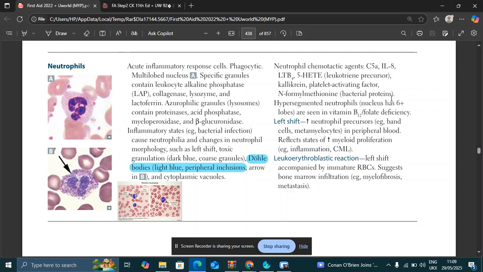Whenever any disease infiltrates the bone marrow space, it is infiltrating the space in which neutrophils are produced. So the bone marrow will produce fewer neutrophils. For example, in leukemias and lymphomas. Leukemias and lymphomas are conditions where the bone marrow is infiltrated by the malignant cells. So there will be neutropenia.